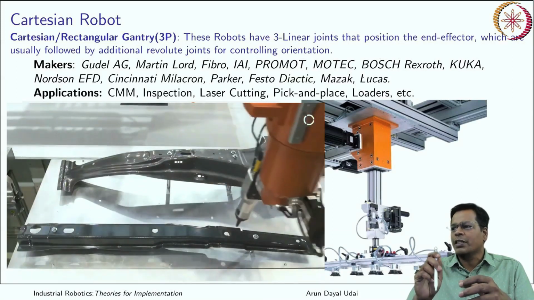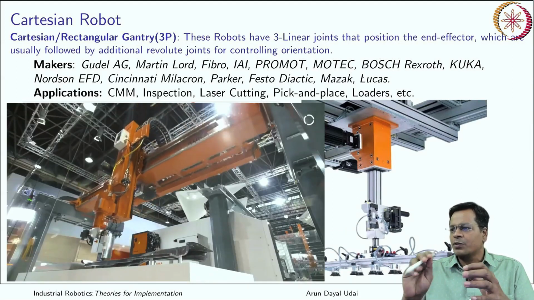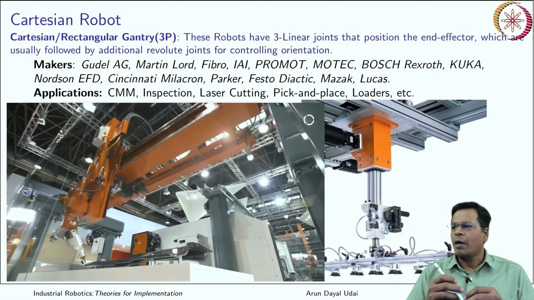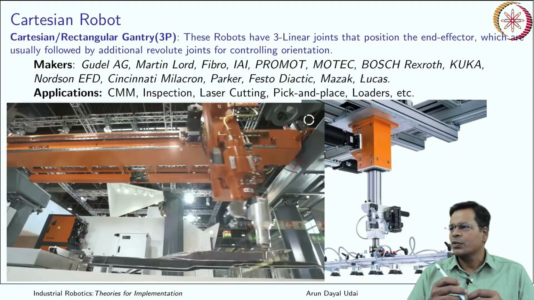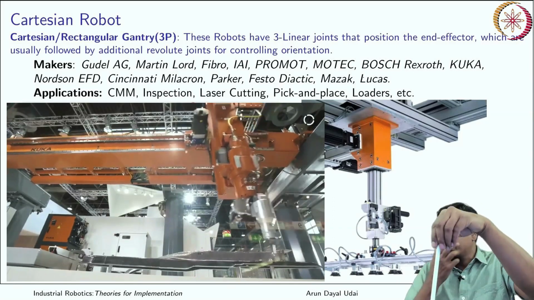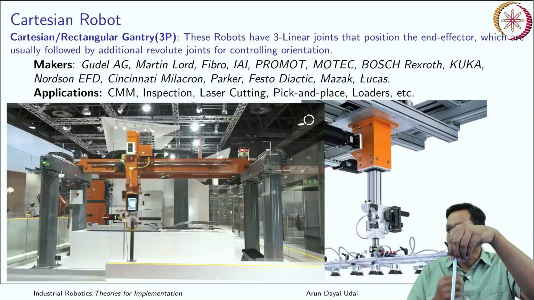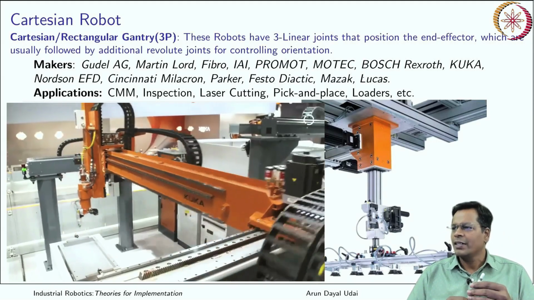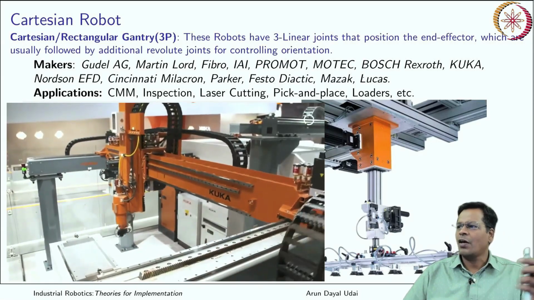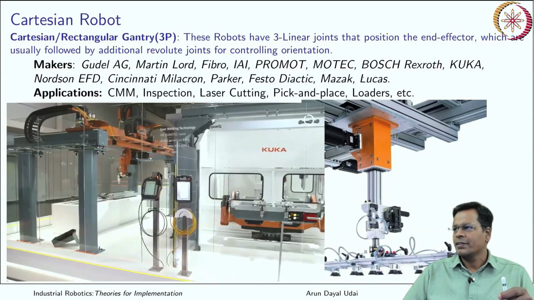Let's say it is doing some spot welding operation, laser burning operation, applying glue or anything very similar. So you see, the last one is just an orientation tool which is attached, which is to orient. Otherwise it is just a Cartesian robot. So this is how it is operating.